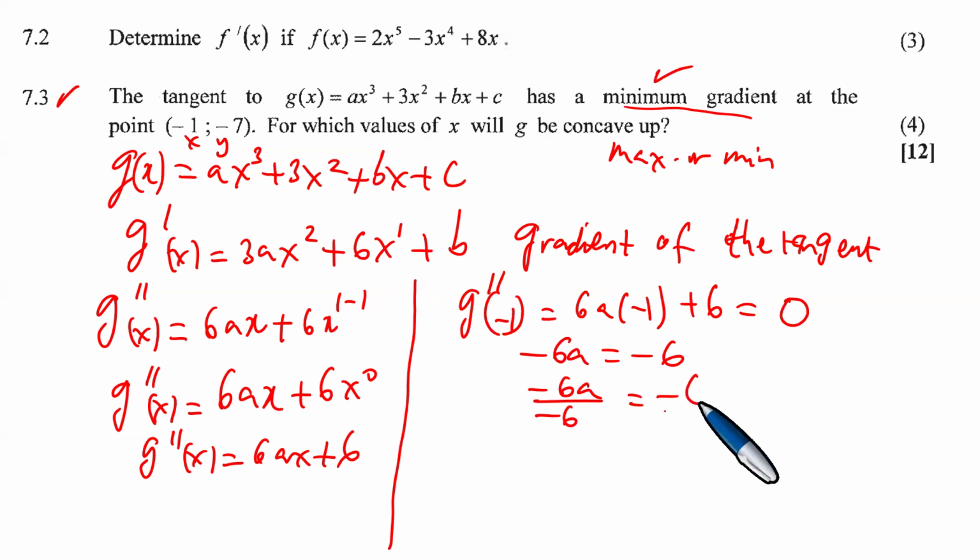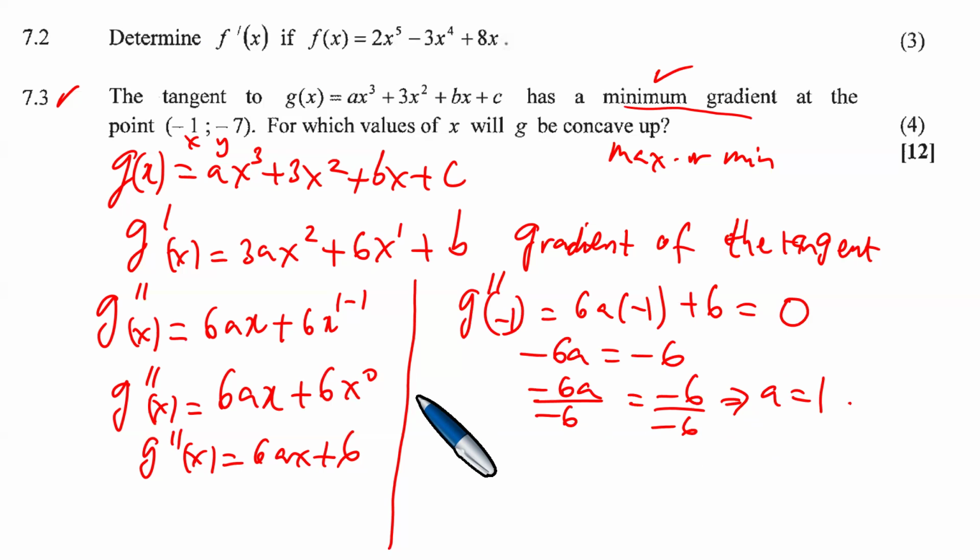Divide by minus 6 on the left and on the right. So if you divide by minus 6, therefore it means that a is 1. Means that a is 1.